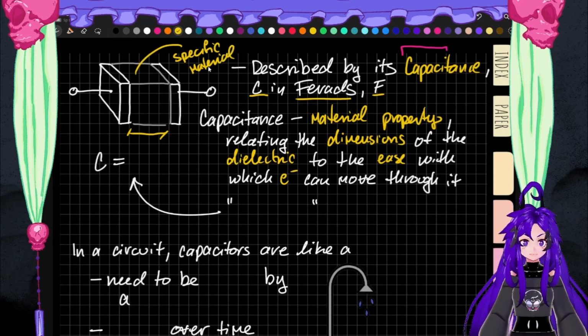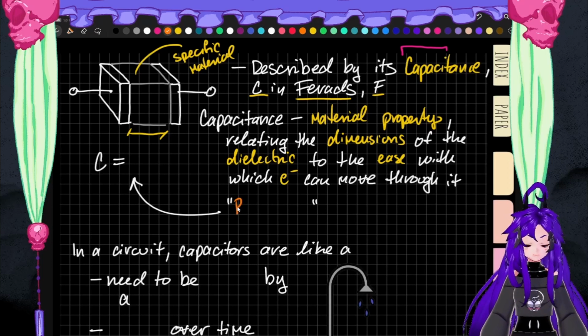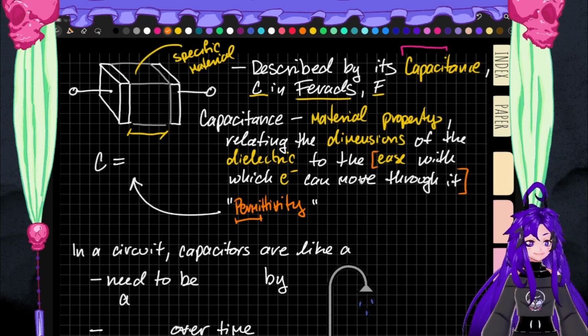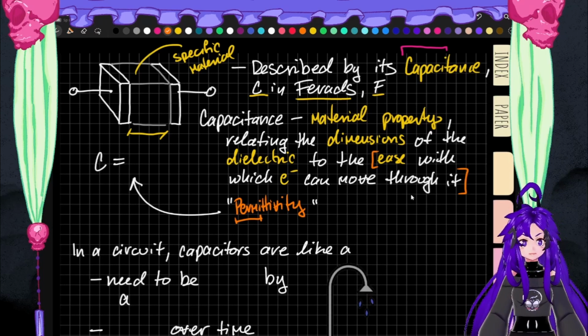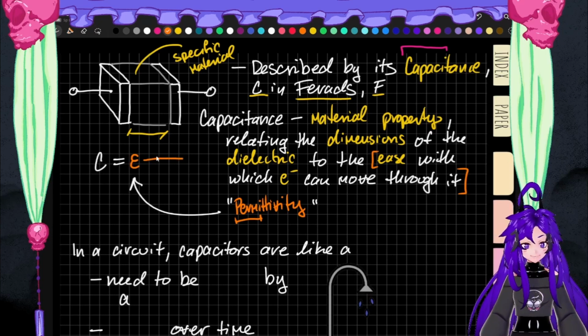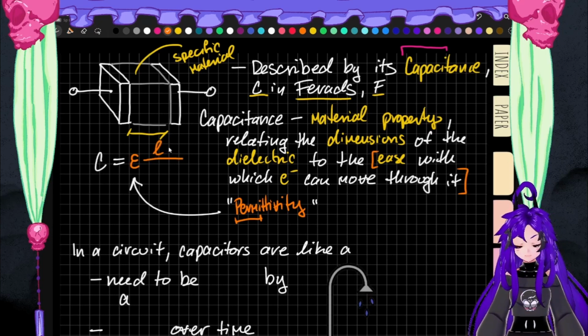And that specific material has some value we call permittivity. Permittivity. So this is the ease with which electrons can move through a material. So the equation we get is epsilon, length, width, over depth.